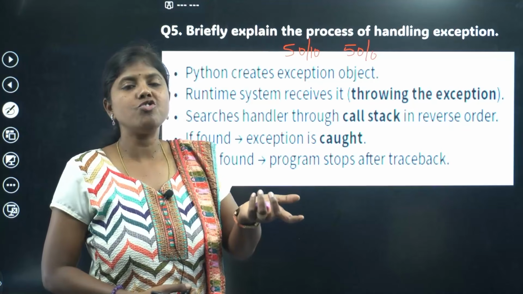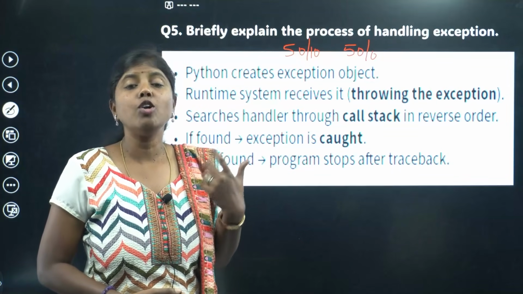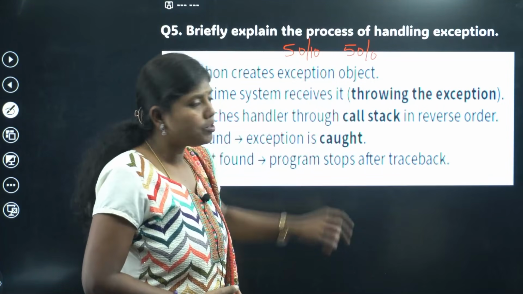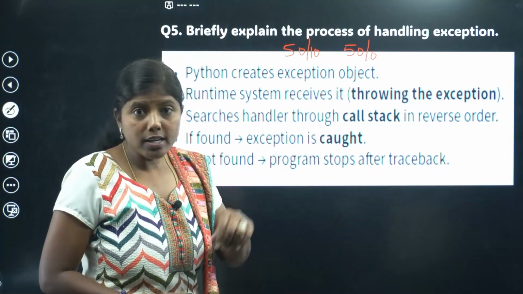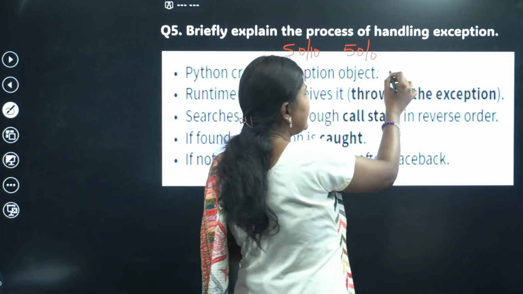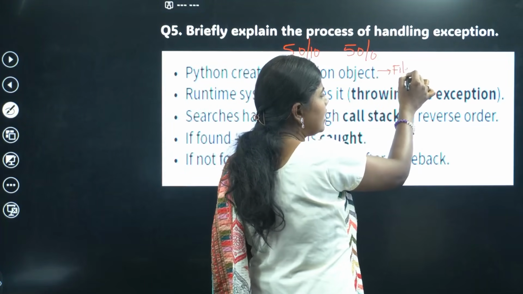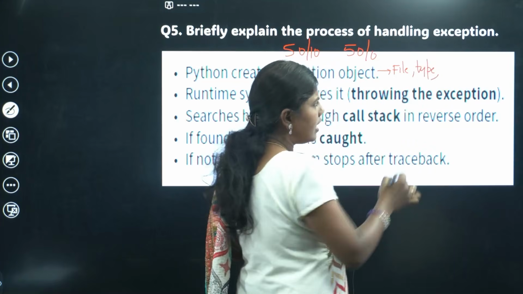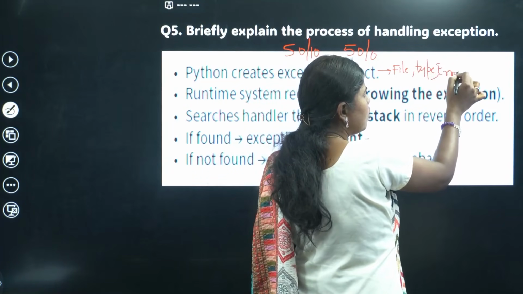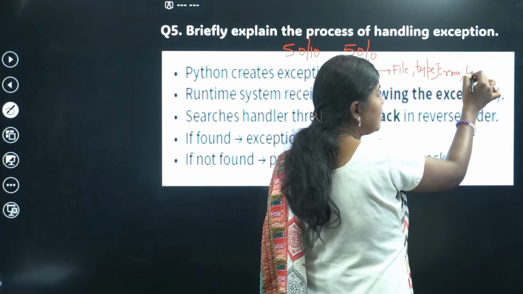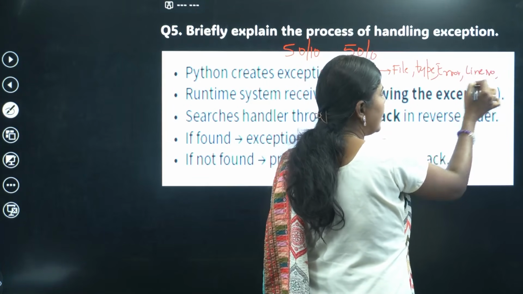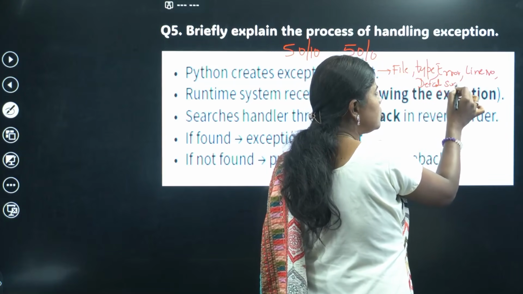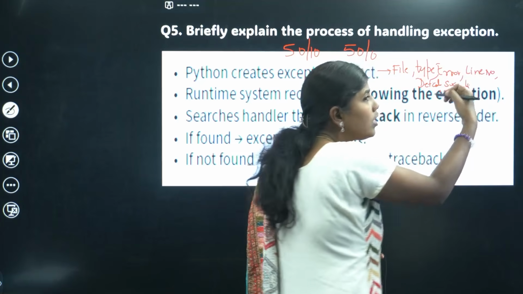Whenever an exception is raised, Python is going to create one object. That object is called an exception object. What does that exception object contain? It contains the name of the file where the error has occurred, the type of the error, the line number where exactly the error has occurred, and some details, and along with these details it also gives you a suggestion on how you can overcome that error.